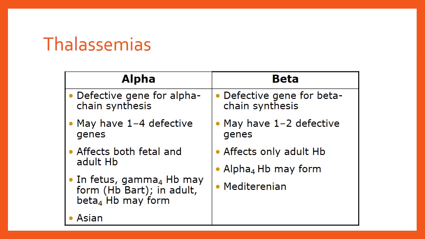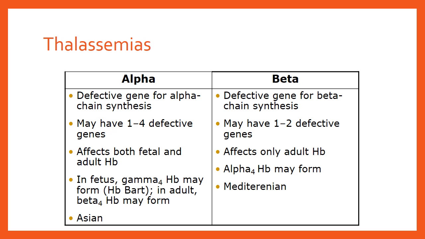Thalassemias are defective chains of hemoglobin, and this results from a defective gene for alpha chain synthesis or a defective gene for beta chain synthesis, and depending on how many genes are involved, the severity of disease may vary.